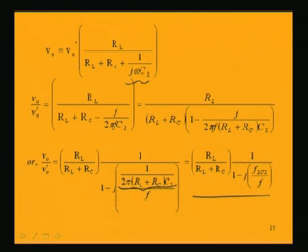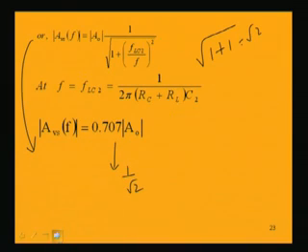Now, replacing that by FLC2 and further analyzing, we have finally got that when the signal frequency F becomes the frequency given by this quantity FLC2, then the gain reduces to 1 by root 2 times the mid frequency gain A naught.